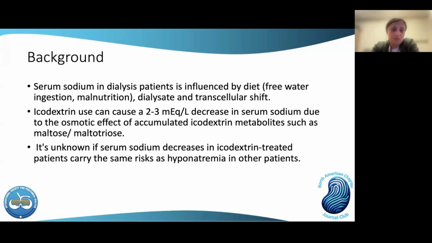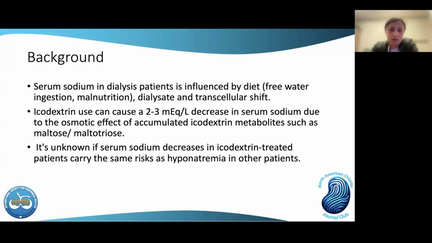So the serum sodium in dialysis patients is influenced by multiple factors. One can be diet, free water ingestion, malnutrition, poor solute intake, the dialysate, or a transcellular shift. We have noted that icodextrin use can cause a 2 to 3 milliequivalent per liter decrease in serum sodium.